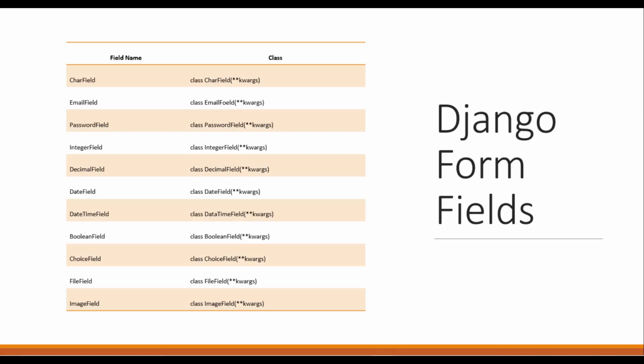Then we have a FileField, and in HTML it generates a clearable file input, which means it creates an option to add files with PDF, MP4, docs, Excel format, or in simple words we can say that it takes any file other than an image, which has its own ImageField.